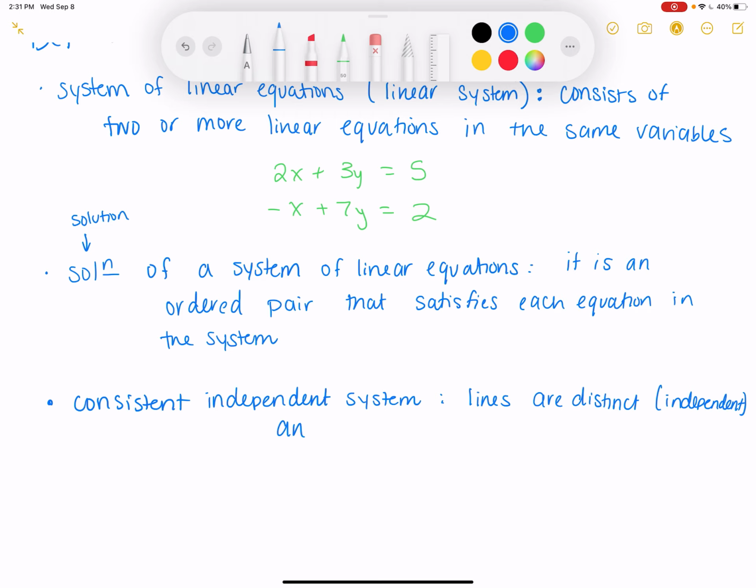And they intersect, which is the consistent part. And these have exactly one solution. We may have some at other points that have no solution, or have infinitely many solutions, but those come in a later section.